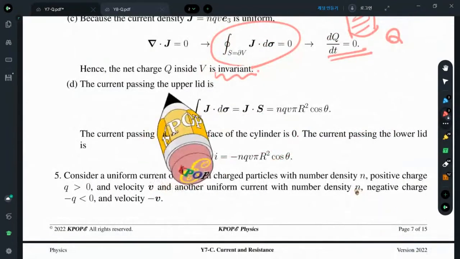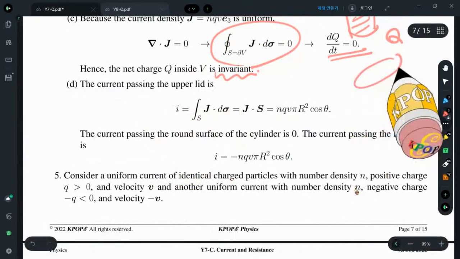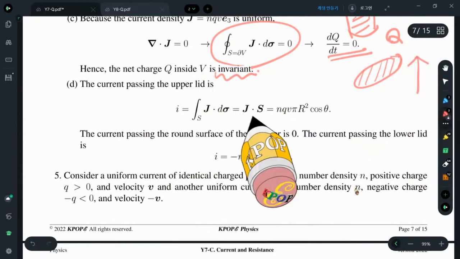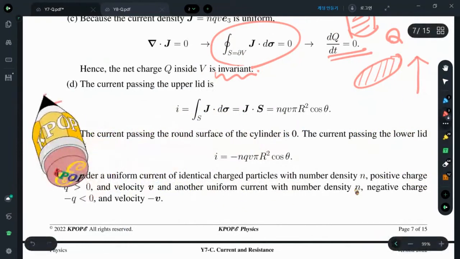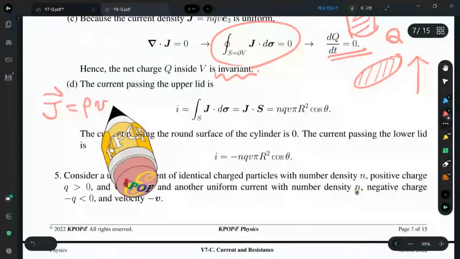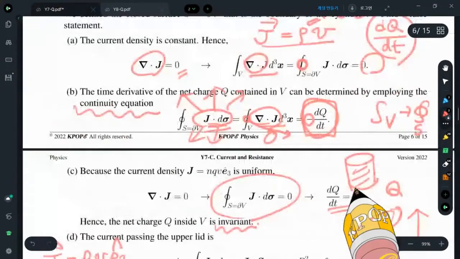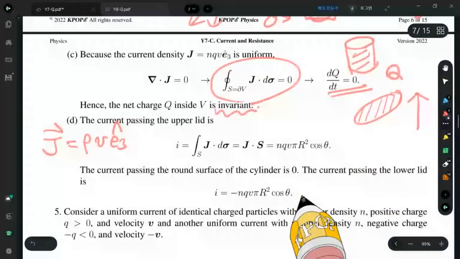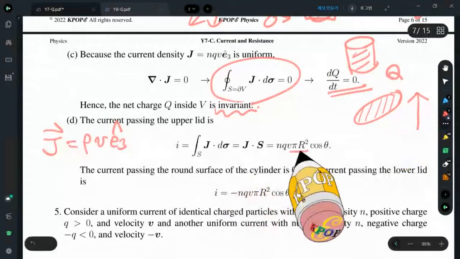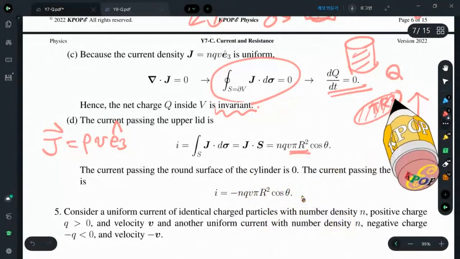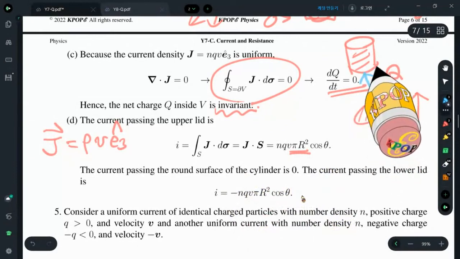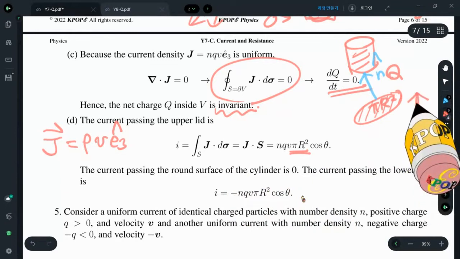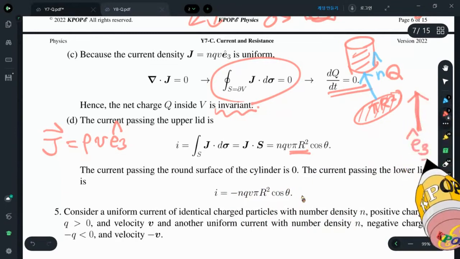The net current passing the upper lid is not a closed one, but an open one. We have a current density J, that is J is rho V E3 hat, in this direction. And we have a lid whose cross-sectional area is pi r squared. However, its normal direction is n hat, and the velocity of this current has E3 direction.